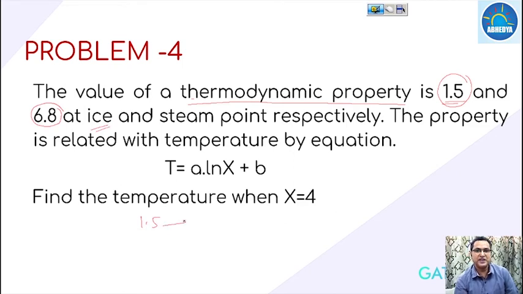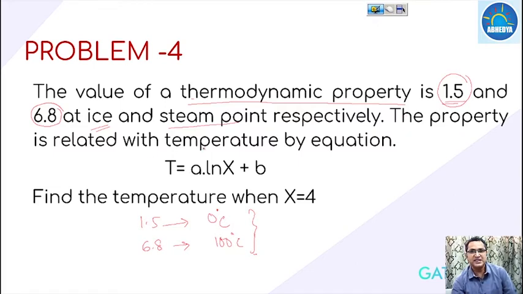So 1.5 corresponds to 0 degree centigrade, because the ice point is 0 degree centigrade, and the thermodynamic property 6.8 corresponds to the steam point, that is 100 degree centigrade. We know it very well.